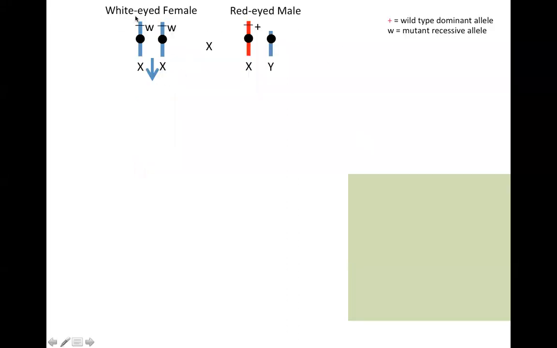Here, C.B. Bridges took a white-eyed female and a red-eyed male. Female flies carry XX chromosomes, and males carry XY chromosomes. These are the normal eggs produced by females.